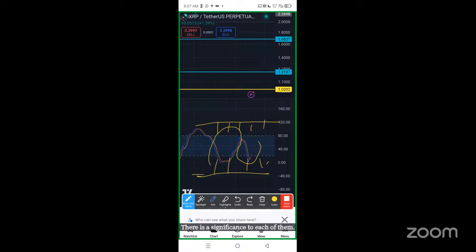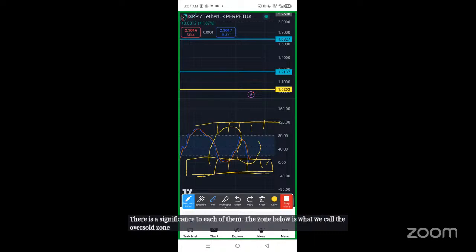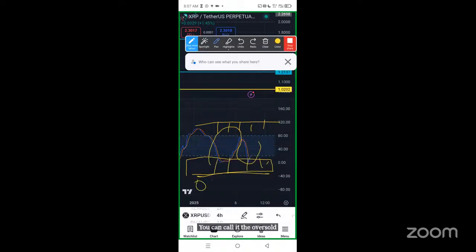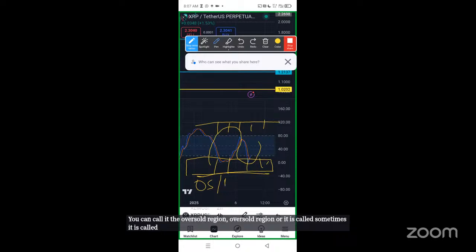The zone below is what we call the oversold zone or region. Sometimes it is also called the demand zone. Why oversold, or why the demand zone?